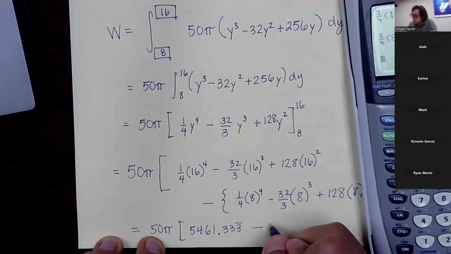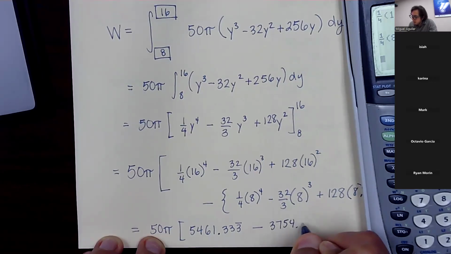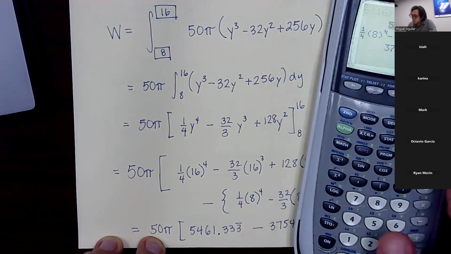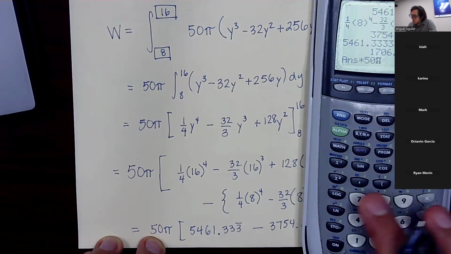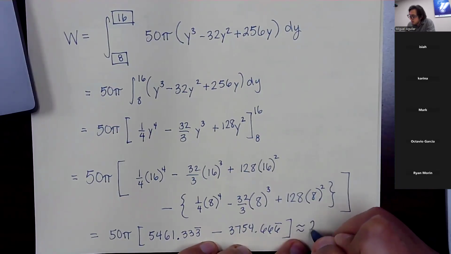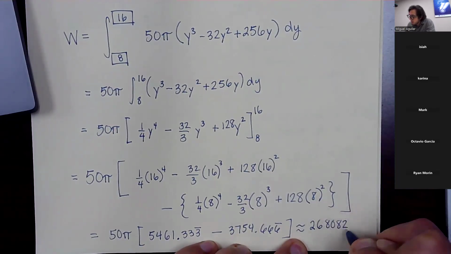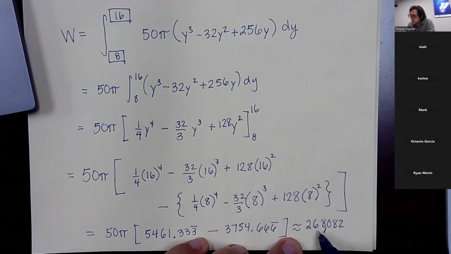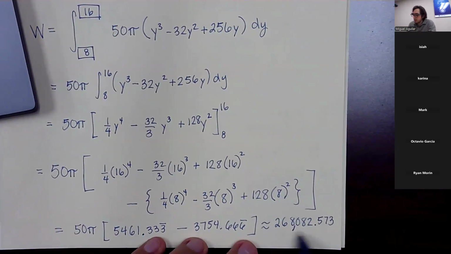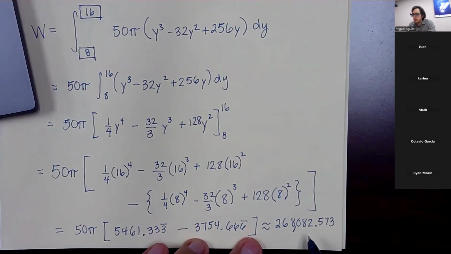That's going to be this. 3754.666 repeating. So it's this number minus this number times 50 pi. And I'm getting approximately 268,082.573. Okay, I hate to squeeze this in, but that's going to be the approximate value for force.